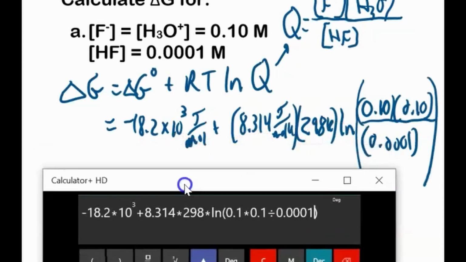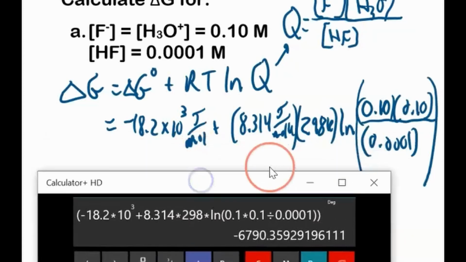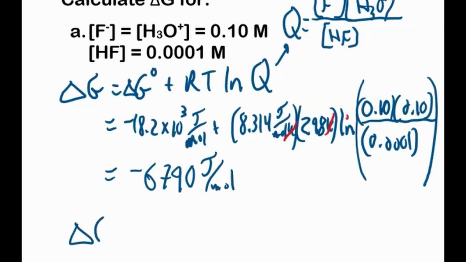I think we're good. So we get a negative number, negative 6790, and this has to be in joules per mole. Kelvins cancel out and Q is unitless, so delta G is equal to this number in joules per mole. We'll put it in kilojoules by dividing by 1,000.